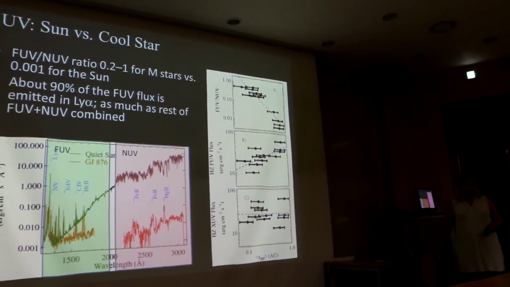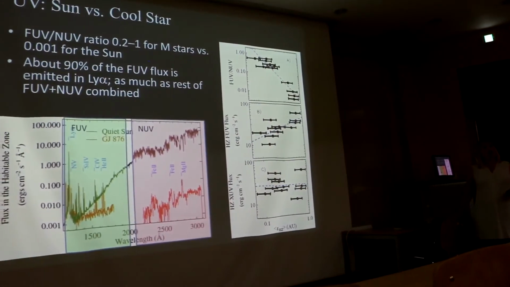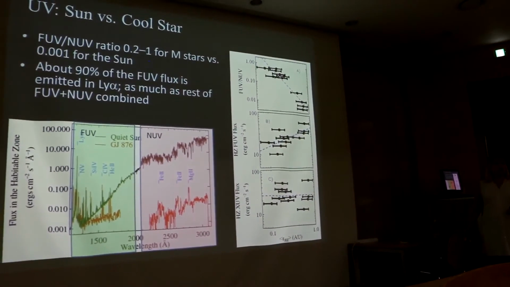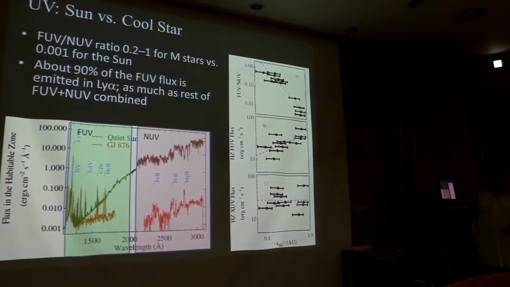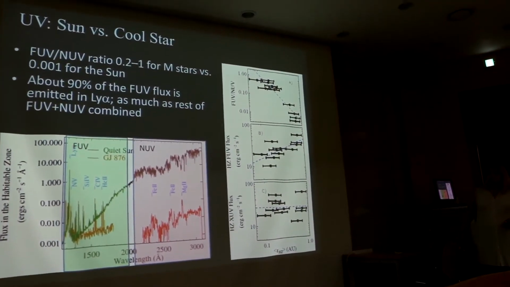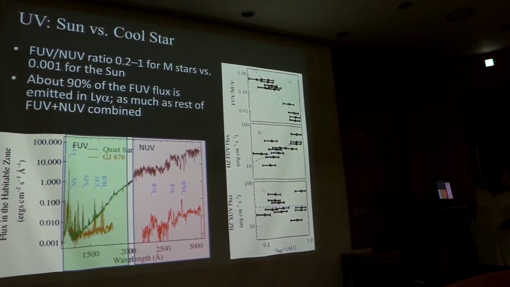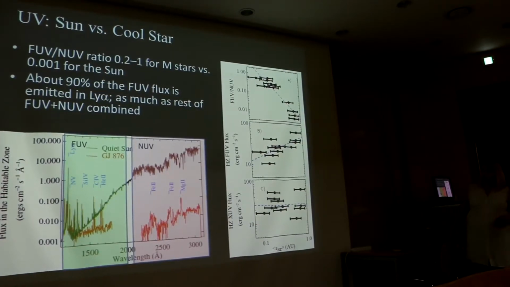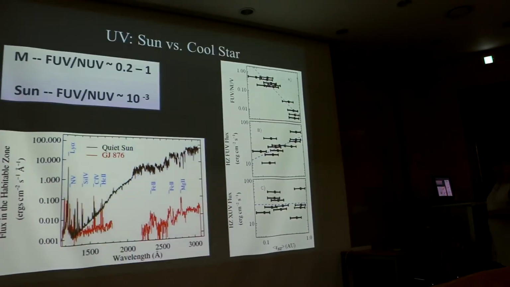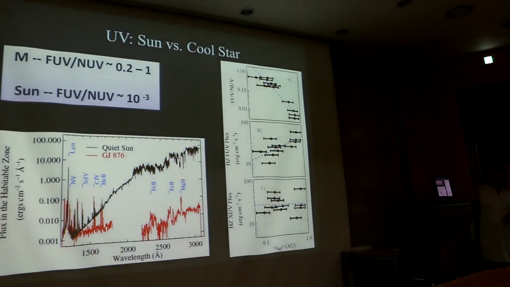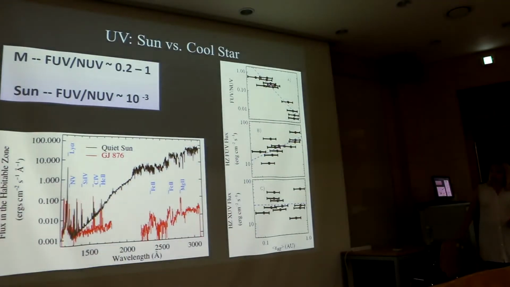The other thing to understand is that the ultraviolet spectrum of a cool star is very different from the sun. I've color-coded it here so you know what I'm talking about. The far UV is the higher energy. The NUV is the lower energy. What you should notice is this is the sun, and this is GJ 876. It's an M star.